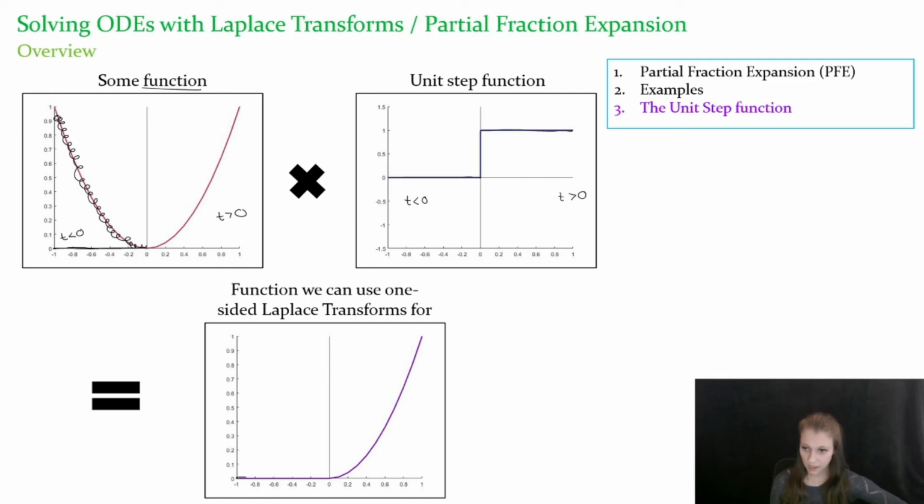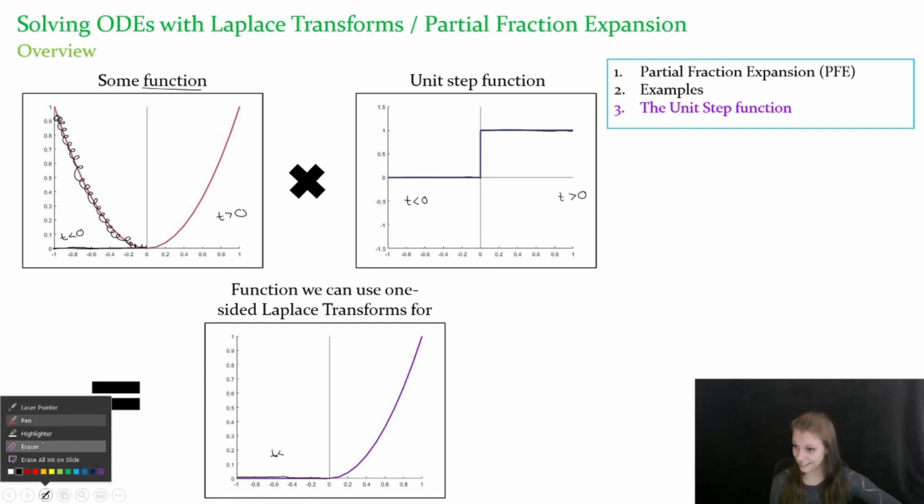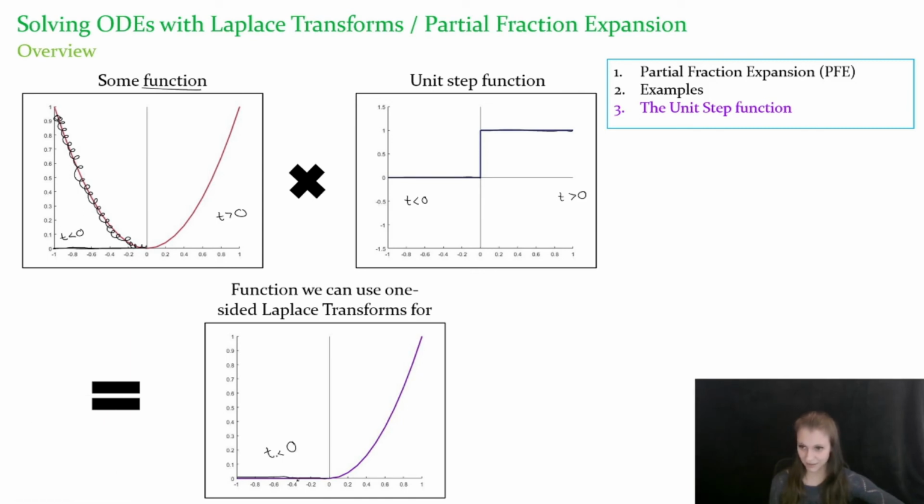And as you can see, for t less than 0, our function value is 0. And then for t greater than 0, our function value is not 0. It just is doing whatever the function wants to do.